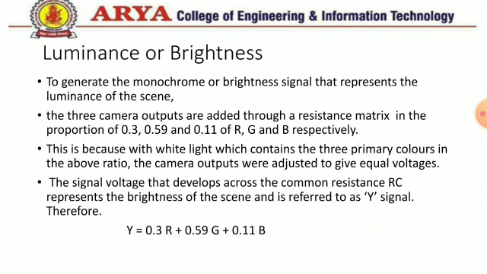This is because with white light, which contains the three primary colors in the above ratio, the camera outputs were adjusted to give equal voltages. The signal voltage that develops across the common resistance RC represents the brightness of the scene and is referred to as the Y signal. Therefore, the luminance signal Y is equal to 0.3 R plus 0.59 G plus 0.11 B.